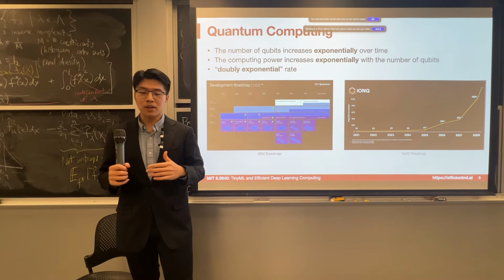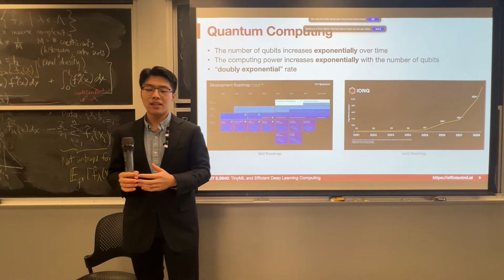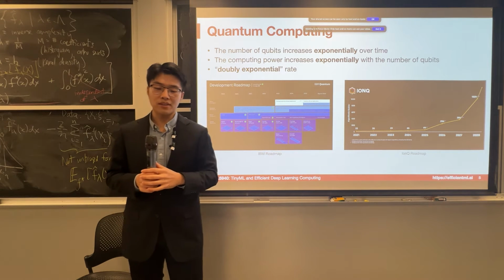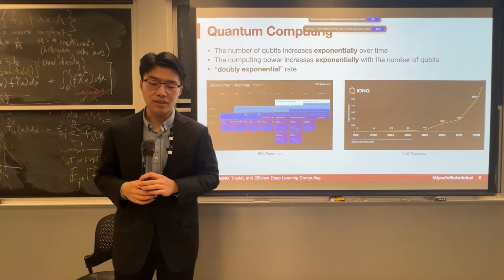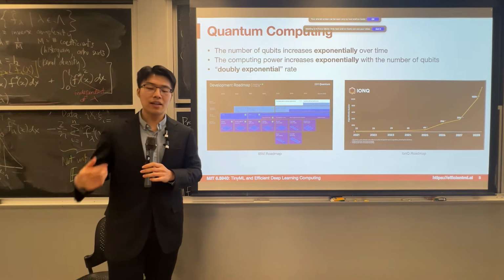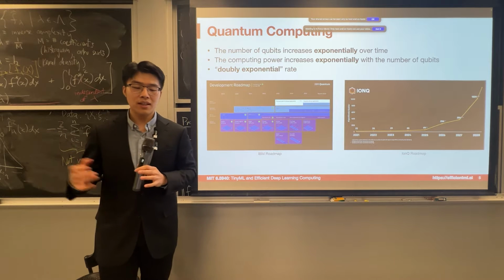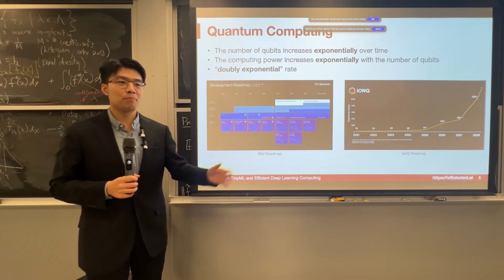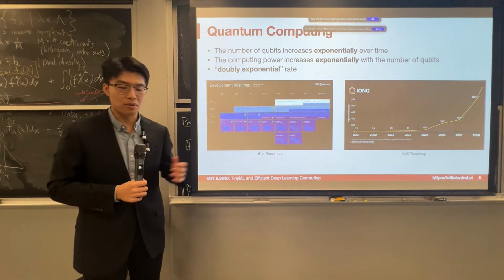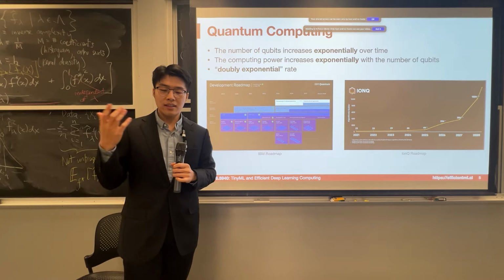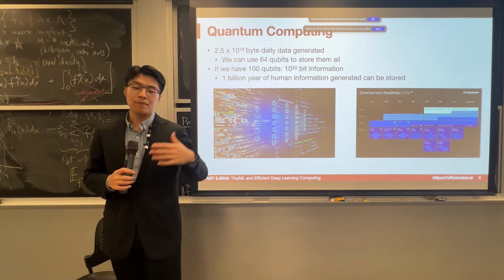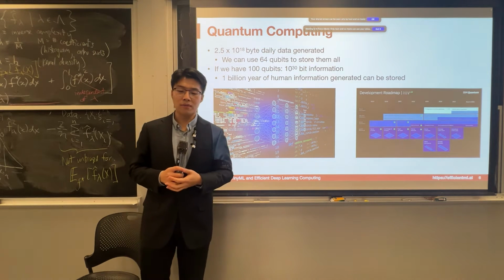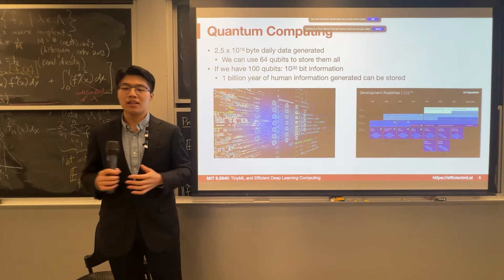So on the time scale, we can exponentially scale the number of qubits because of device improvements, and on the computing power side, we have another layer of exponential. That's the doubly exponential rate of potential computing power delivered by the quantum machine, because we know there is a widening gap between the data and the available computing power in all these computer systems.